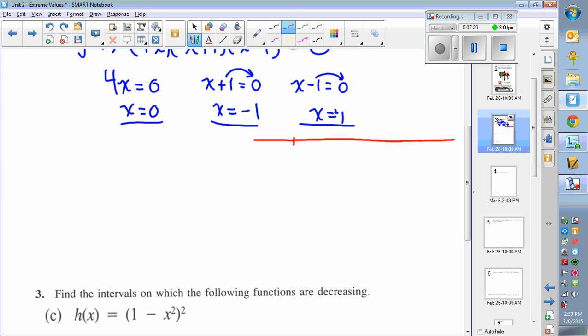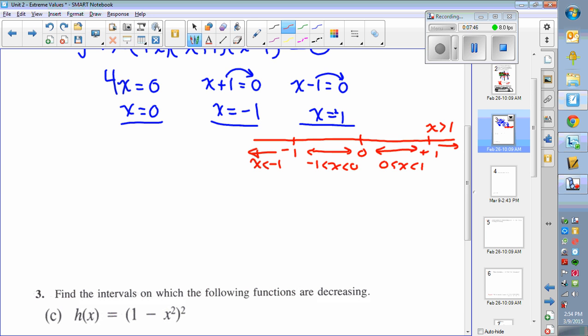Putting them in order, you'd have -1, 0, and +1. So my intervals of all the numbers in the universe are numbers less than -1. There's one interval. You have between -1 and 0, so -1 and 0. You can be between 0 and 1, and all x greater than 1.